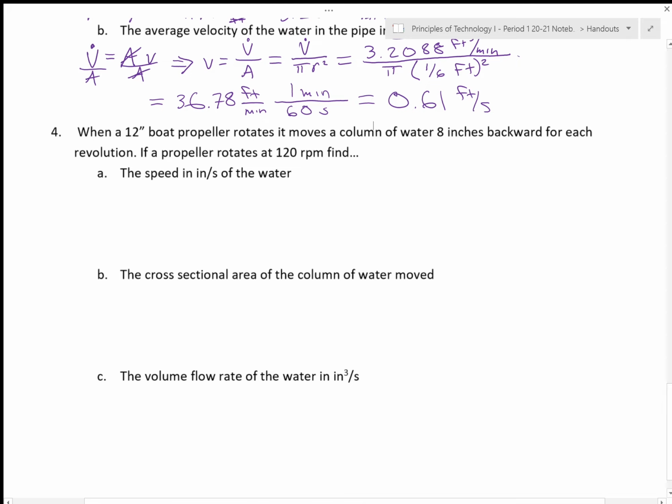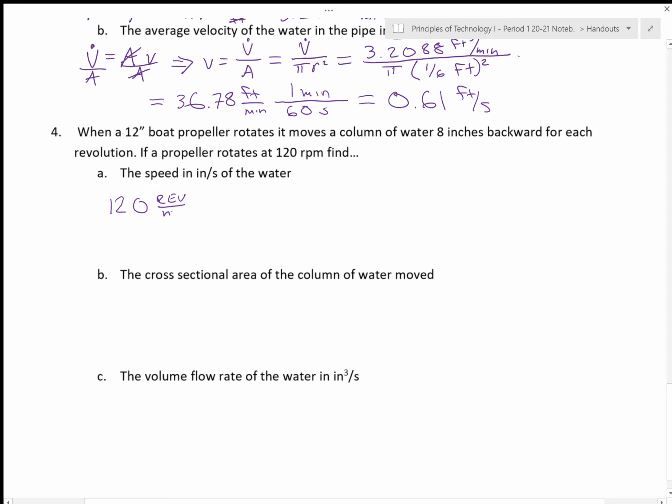For the last problem, we're looking at a boat propeller, and it is a 12-inch propeller, and as it rotates, it moves a column of water 8 inches backward for each revolution. If the propeller rotates at 120 revolutions per minute, we need to find, for part A, the speed in inches per second of the water.